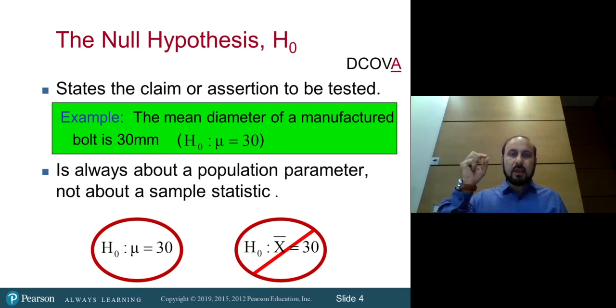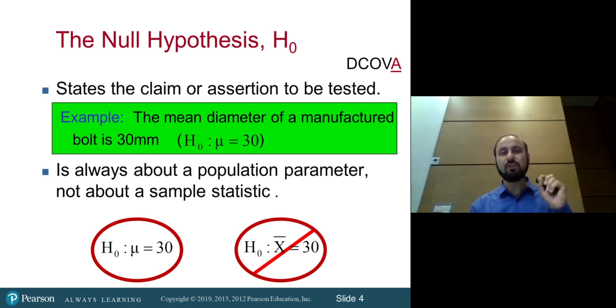Now, there are two types of hypothesis. One is called null hypothesis and the other is alternative hypothesis. The null hypothesis is always denoted with H naught. It states the claim or assumption to be tested. Let's take another example. You predicted or you claim that the mean diameter of a manufactured bolt is 30 mm.